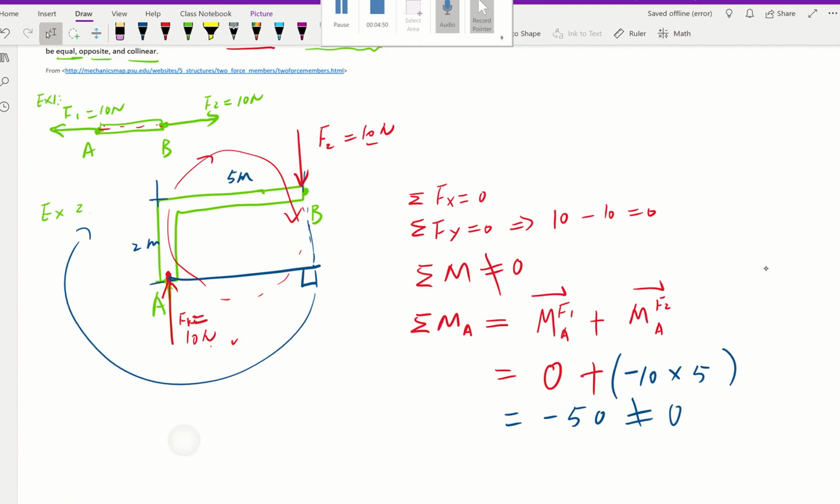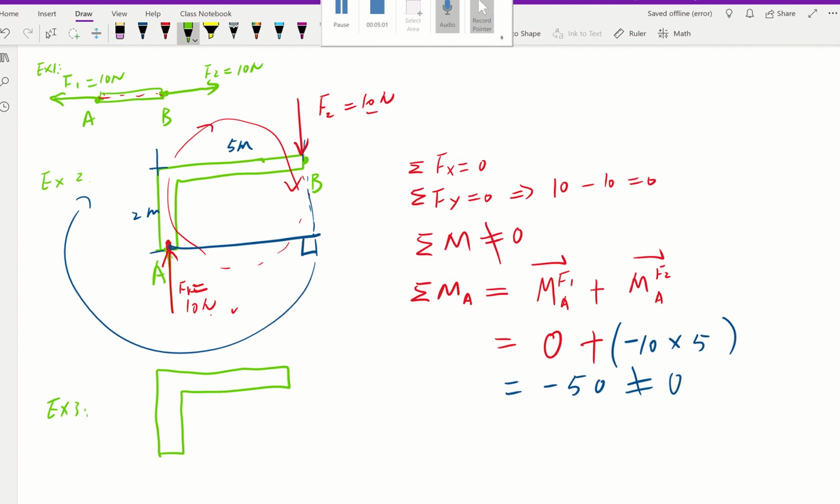How about we look at scenario number 3. We still have this L shape. We're trying to make equilibrium. You said the up and down doesn't work. How about this way? If I have a force applied at A pulling to the left, that's my FA, and that's 10 Newton. And I have a force pointing at B, FB, 10 Newton.